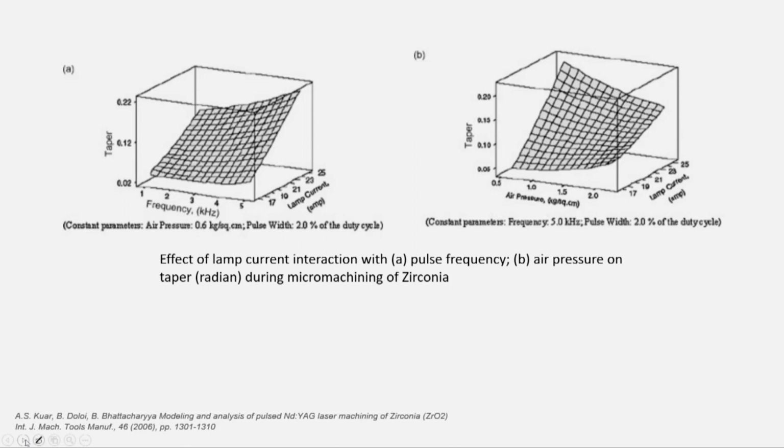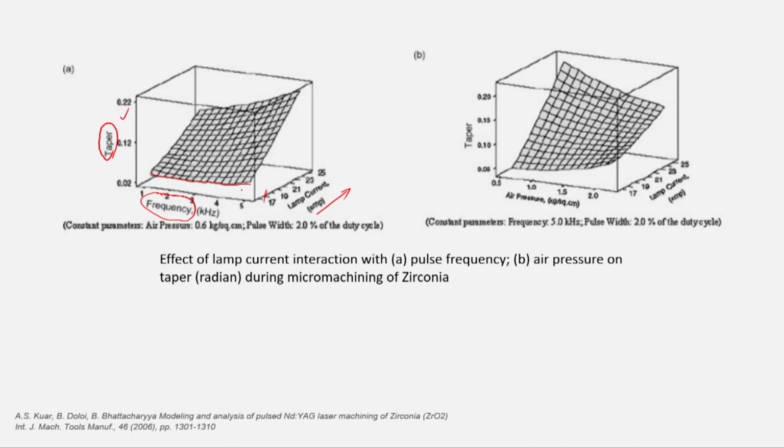There is another case here, and it is about the lamp current, or the energy that we are putting in, and the frequency of laser application. The performance parameter studied here is the taper. What we notice is that when we increase the lamp current, when we increase the applied energy, the taper also increases. However, for a constant low level of lamp current, with increase in frequency, the taper is not increasing much.